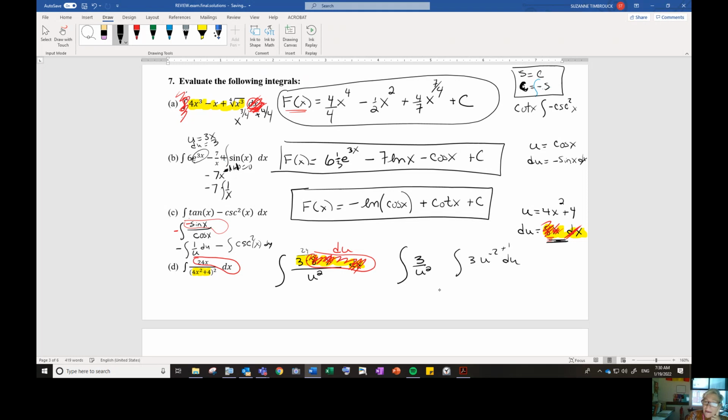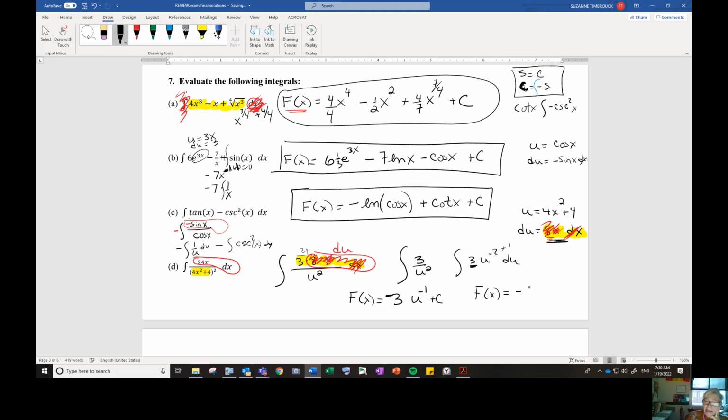So now I'll add 1 to the exponent. So constant multiplier, keep my 3. I have u to the negative 1 divided by negative 1. So I'm just going to multiply by negative. Plus c.